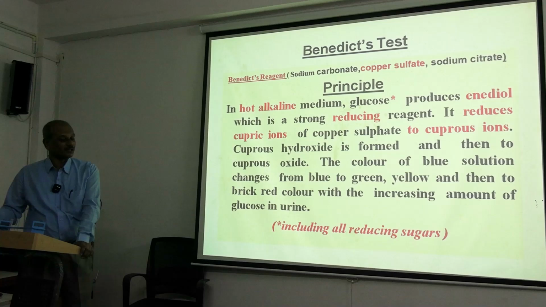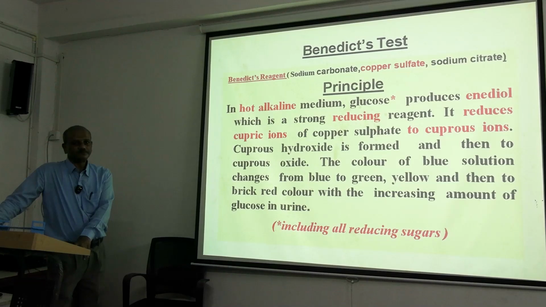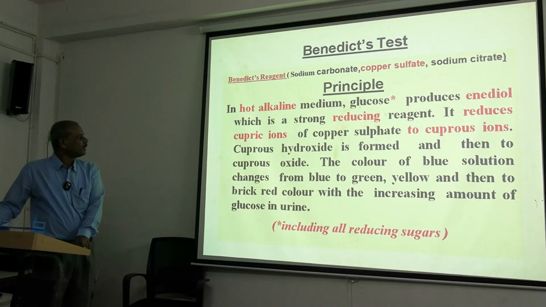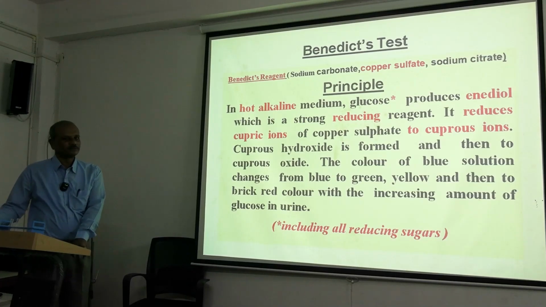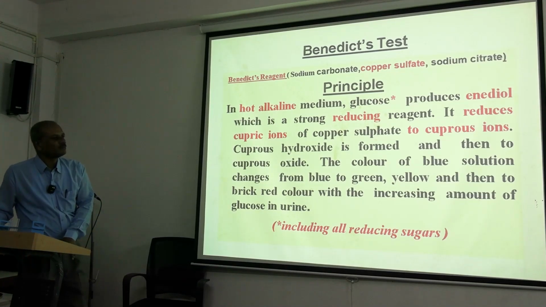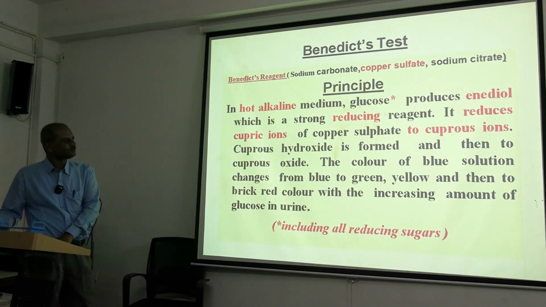Sorry, I am having bronchial asthma today. Which is a strong reducing agent. It reduces cupric ions of copper sulfate to cuprous ions. Cuprous hydroxide is formed and then cuprous oxide.